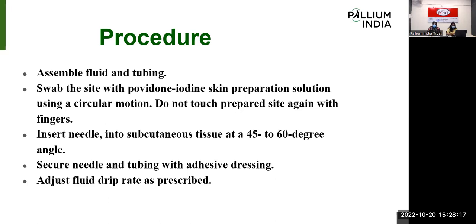I already told the recommended fluid; we need to check whether it is possible or not. Then we assemble the fluid and the tubing. Since we already selected the site, we need to clean the selected site using a swab with an antiseptic solution. We need to clean in a circular motion from the center to the outward, inner to outward, using the soaked swab.